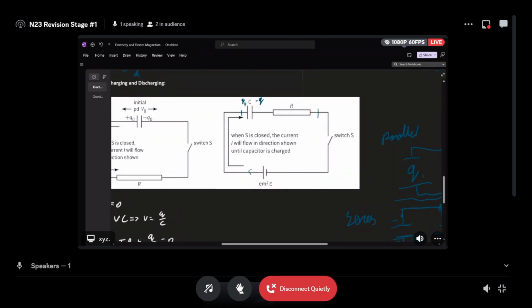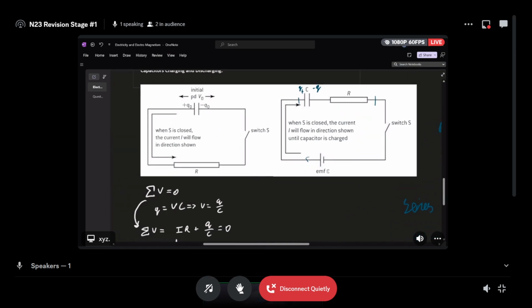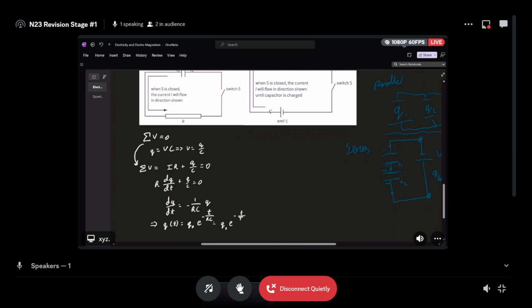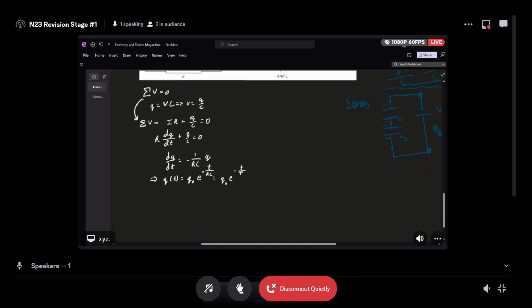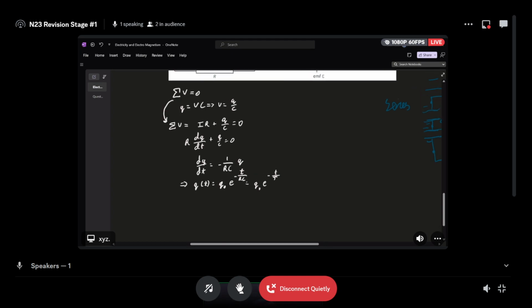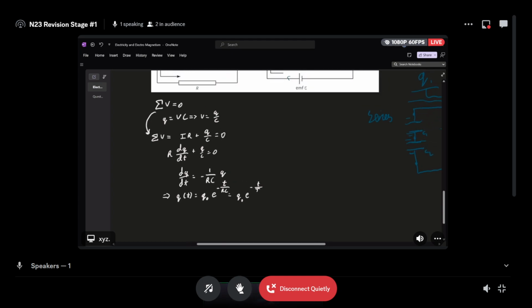And this will happen until that's fully charged, and when we close the switch, current will flow this way, in the opposite direction. And to solve for the equation of discharge, I wrote a little proof here, but I won't go into it.